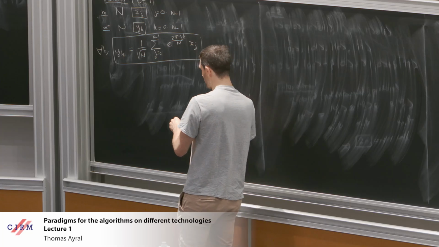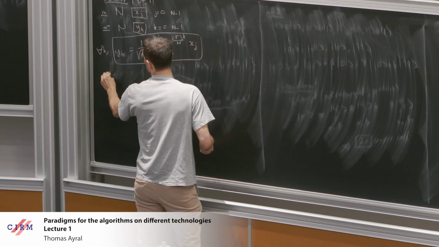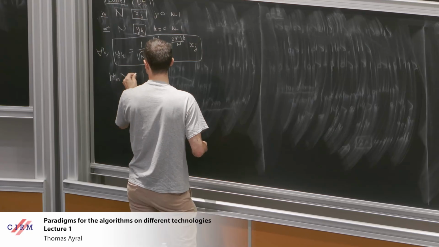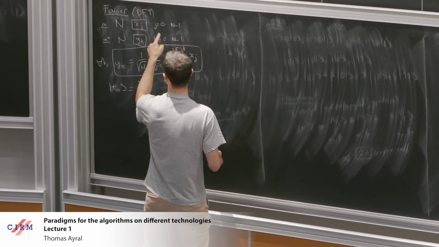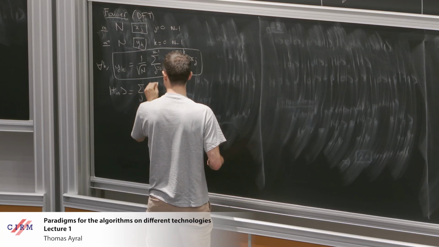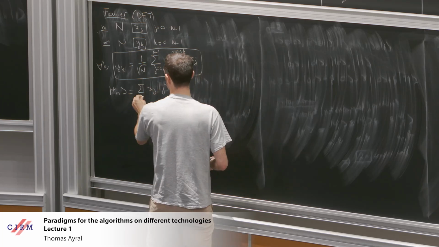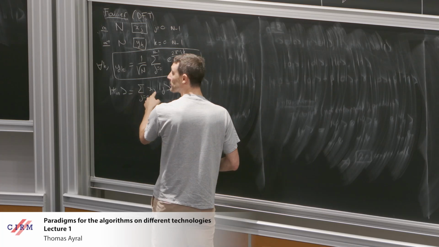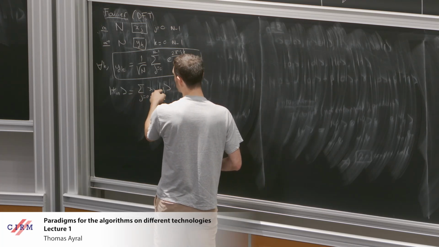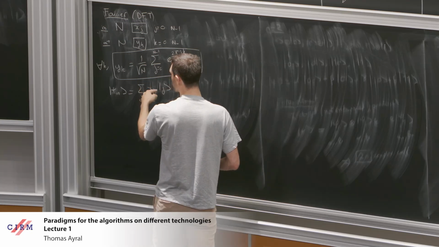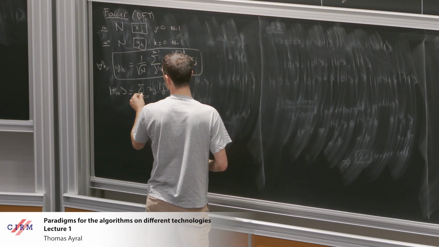Now it turns out I want to do it on a quantum computer. The game I'm going to play is to say that I start with a psi input state where I'm going to encode the signal. My signal here is a superposition of computational basis states |j>, and the amplitudes, the complex coefficients, are going to be the xj's.